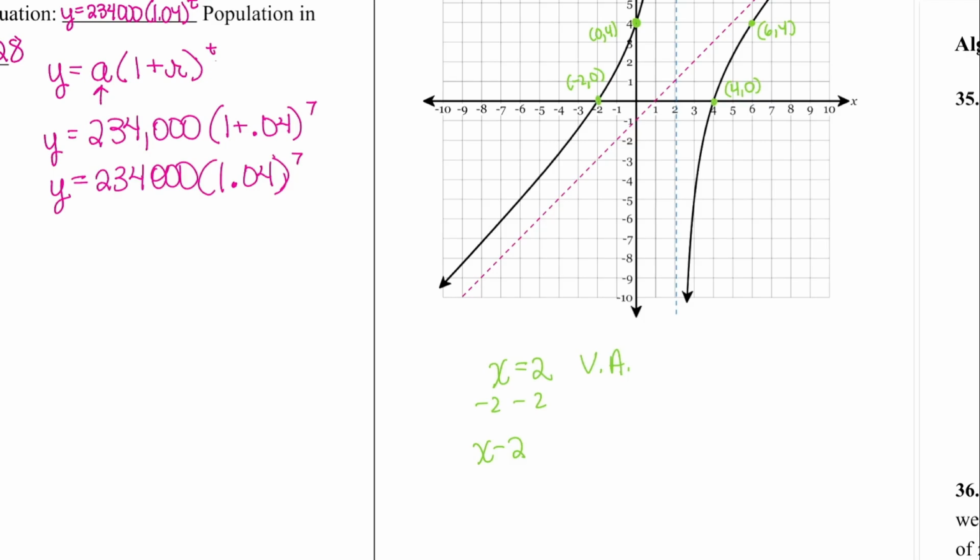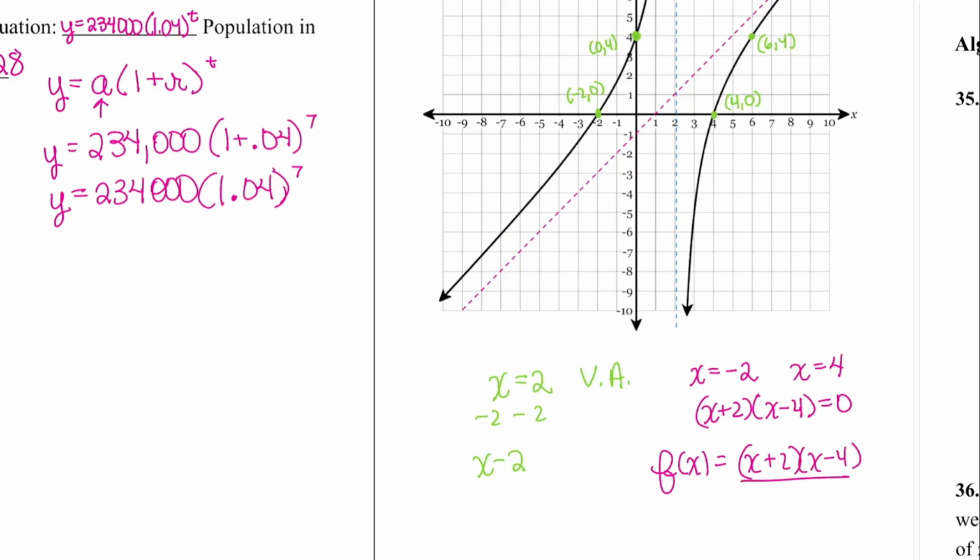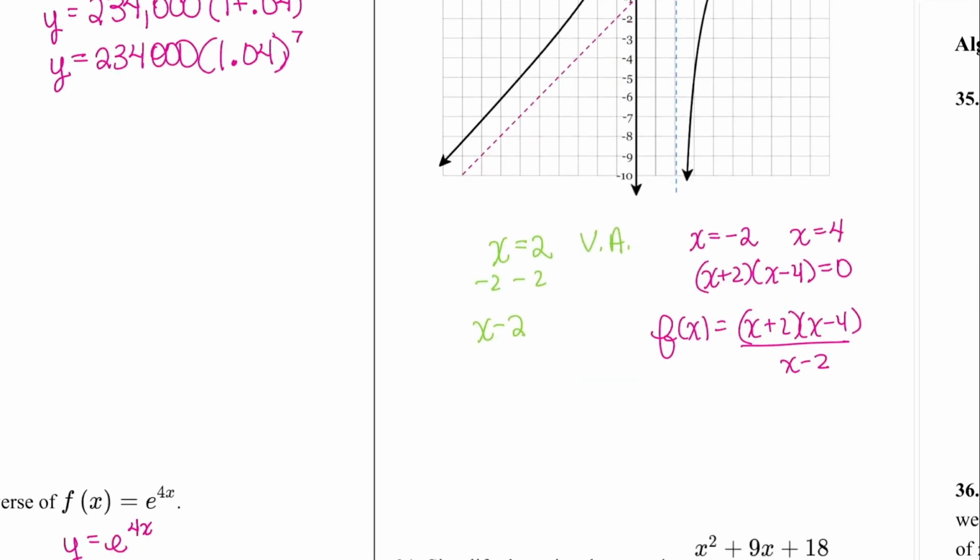Now, because we found the zeros of the function at -2 and 4, we can just go ahead and write down x equals -2 and x equals 4. So x plus 2 and x minus 4 are going to be the top. So we can go ahead and write this function as (x plus 2)(x minus 4) over x minus 2.